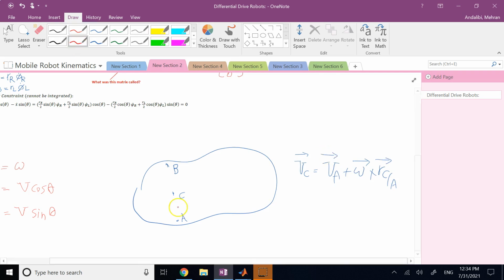Where R of C with respect to A is this vector. Similarly, I can write V of C equals V of B plus omega cross R of C with respect to B, where R of C with respect to B is this vector.